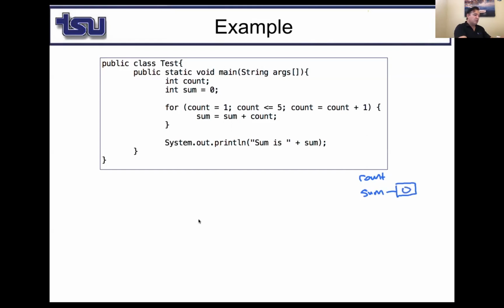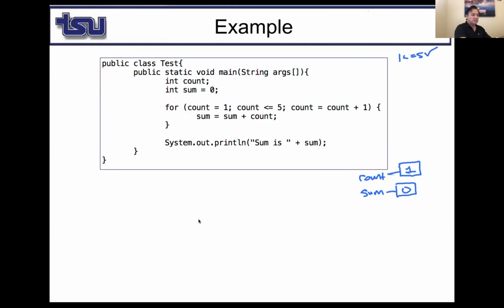Then I go inside the for loop. This is initialization, and it will be done only once. And I'm going to initialize count to 1. Okay. So far, nothing special. Then I will check the condition. The condition here is 1 less than or equal to 5. This condition is true. That means I'm going to go inside.